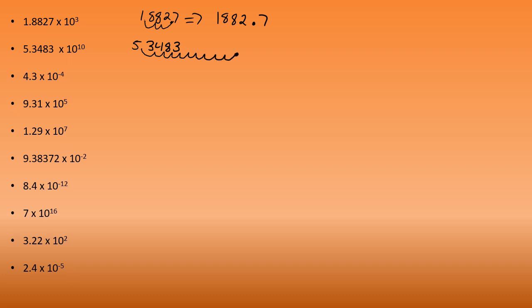We'll fill in any empty spaces with zeros. And so 5.3483 times 10 to the 10th becomes this big number, 53483 followed by 6 zeros.